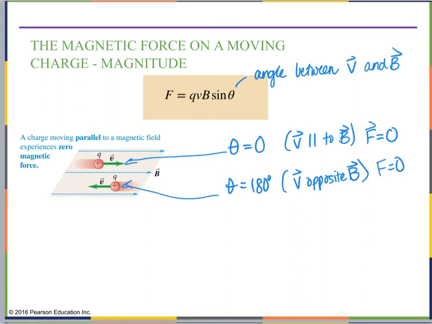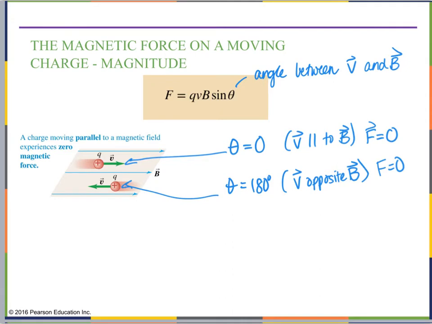So you see that what happens if the velocity vector is in the same direction or the opposite direction of the magnetic field vector, the charge doesn't even really feel any force because of the magnetic field. It in a sense, doesn't even notice it and won't be affected at all. The opposite case of that is what we saw in the previous slide, when the angle between those two, velocity and magnetic field, is 90 degrees.